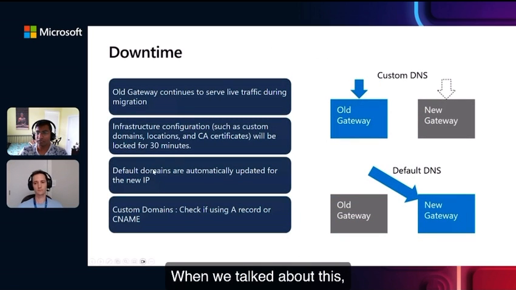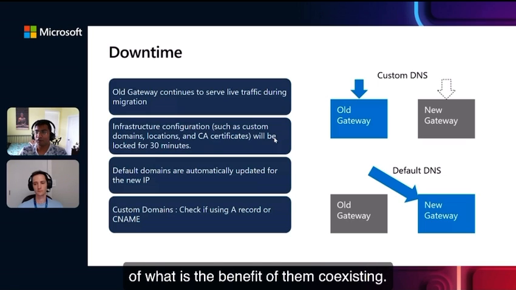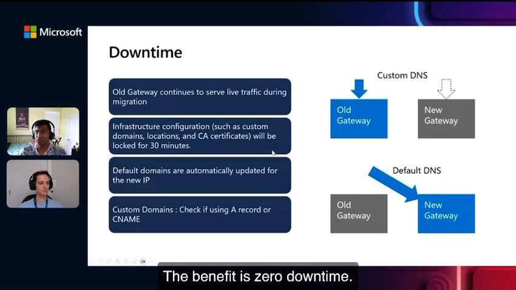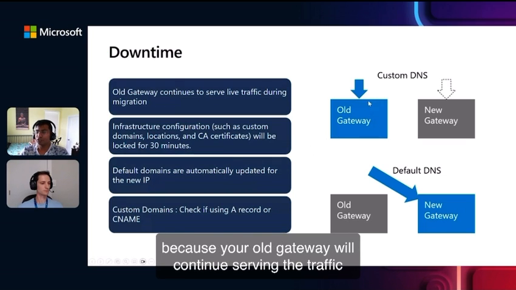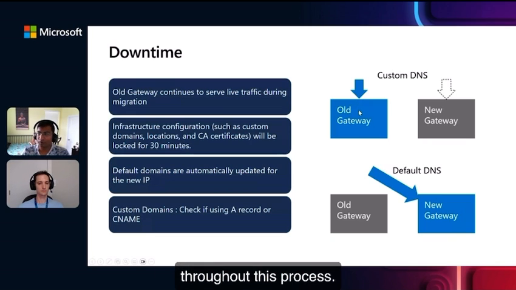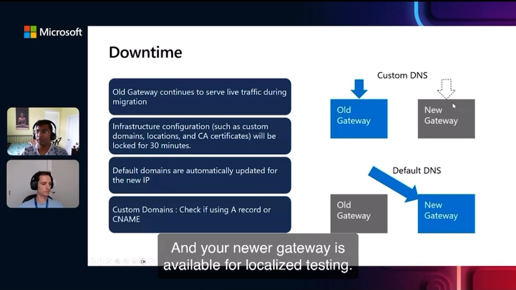When we talked about this, we talked about the old gateway and new gateway coexisting, but we also have to make a note of what is the benefit of them coexisting. The benefit is zero downtime. There is no real downtime to your live API traffic because your old gateway will continue serving the traffic throughout this process, and your newer gateway is available for localized testing.